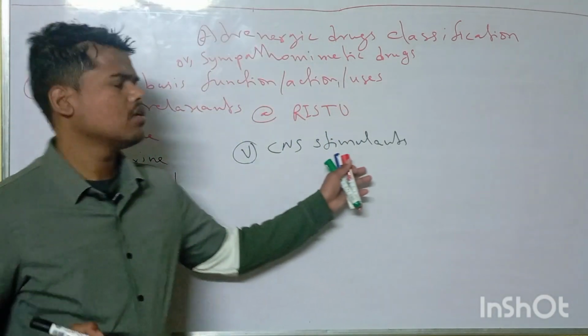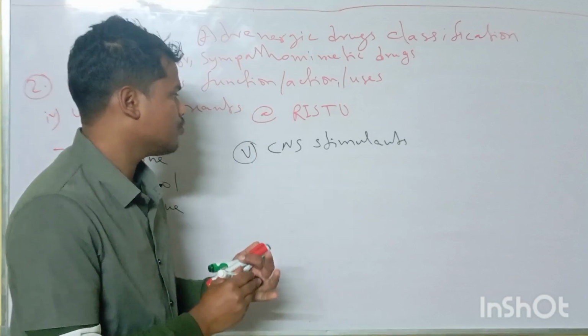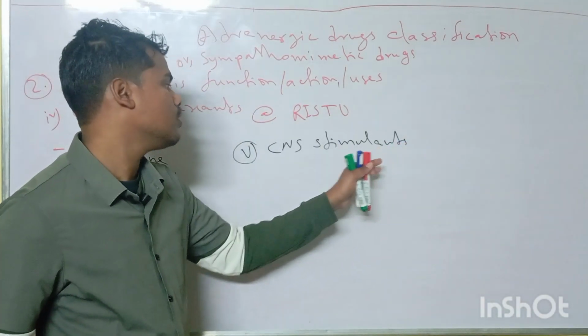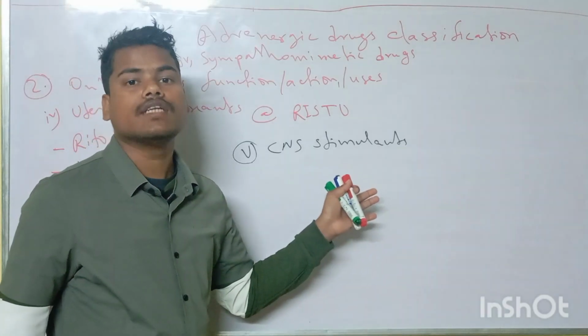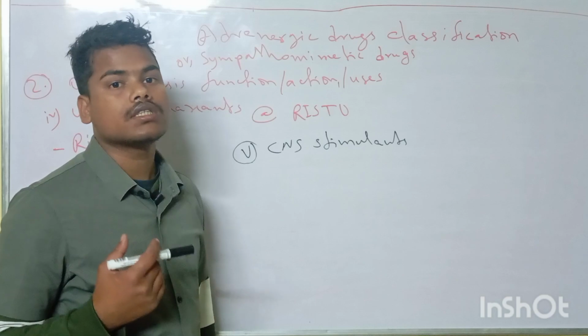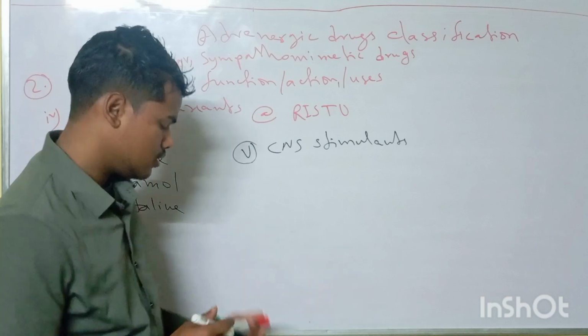For this you have been hearing from your plus 2 that amphetamine and its congeners stimulate the CNS, and some drug abusers use these drugs or are addicted to these drugs. So what will be the examples?